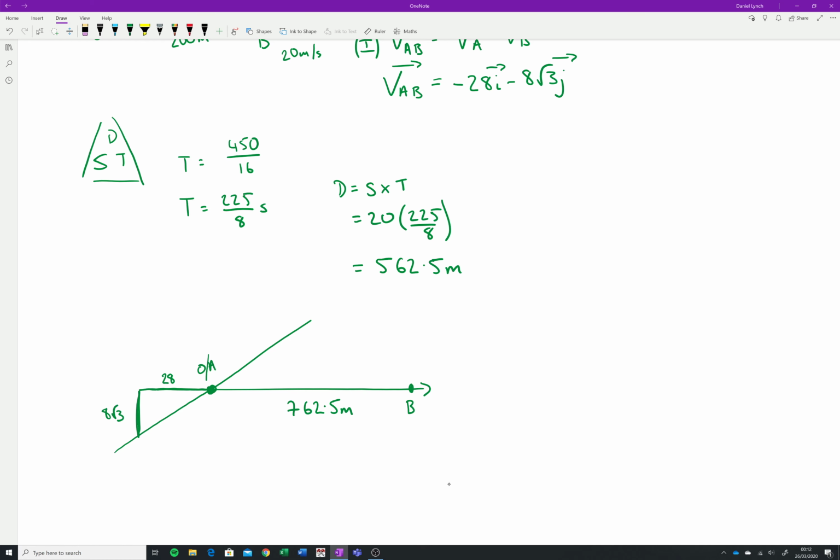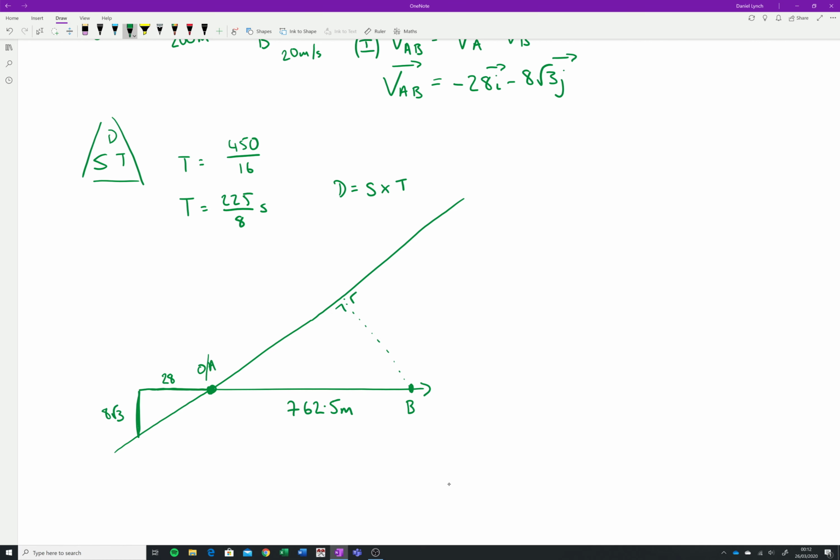Remember, B is still in all of this because it's the velocity of A relative to B. So I'm going to give myself a little more space up above, and continue that line on. In order to be as close to B as possible, it needs to be at right angles. That is the moment when it is as close as possible.